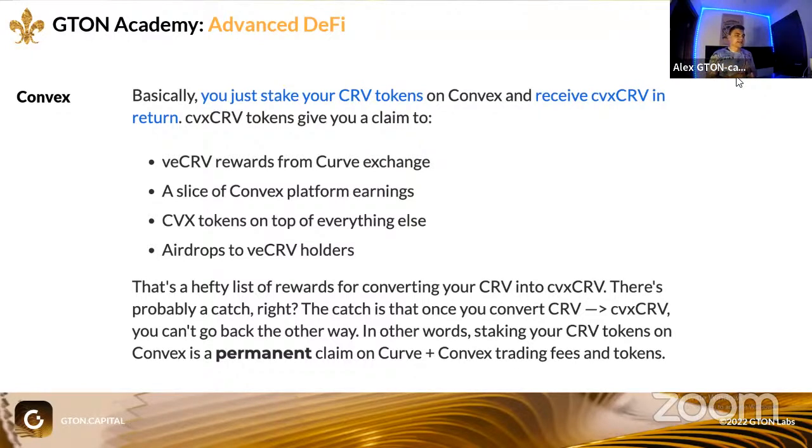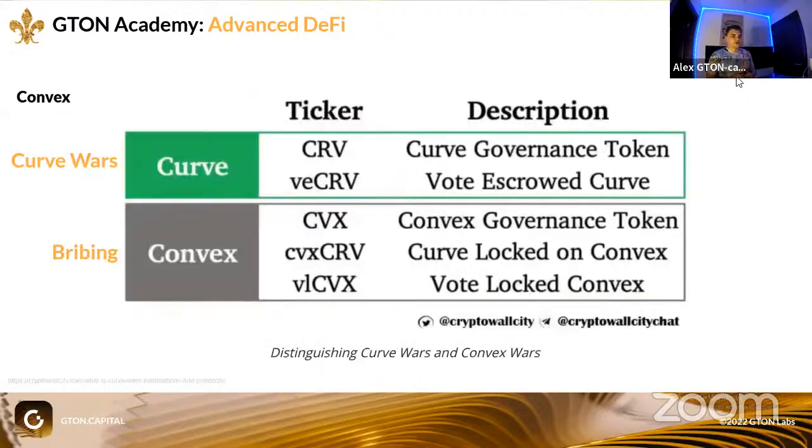And of course, the most important thing is on the next slide. Probably you heard about the Curve Wars and Convex Wars and bribing. I think it's one of the most important things, because all the talks in the different chats, in different communities, were around wars. They were around boosting some yields temporarily or permanently for different hyped assets.